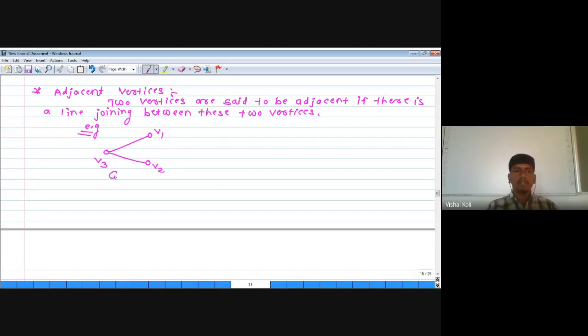So this will be the graph G with vertex set V and edge set E, whose vertices are V1, V2, V3 and edges are E1 and E2.